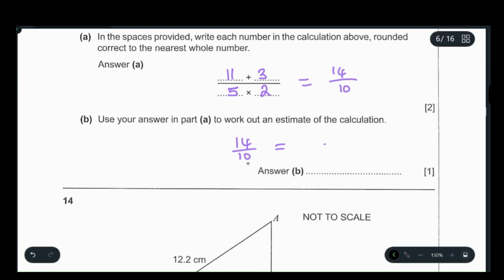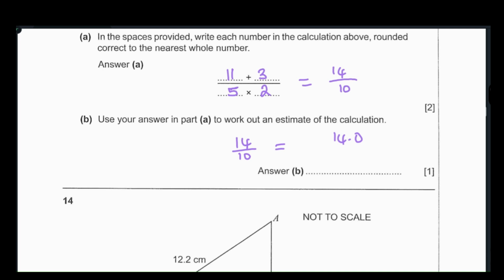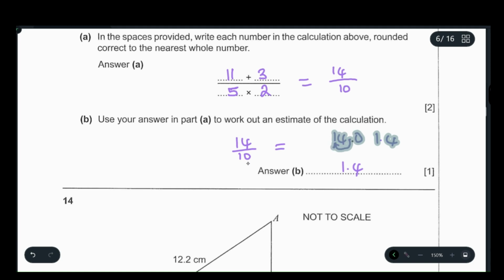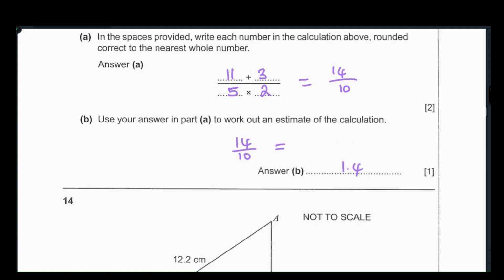So 14.0, it's the same thing as having 14.0 divided by 10. That means we move the comma 1 time. So that gives us 1.4. 14 divided by 10, just 1.4 is the final answer.